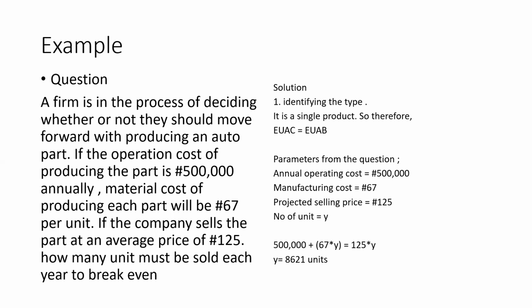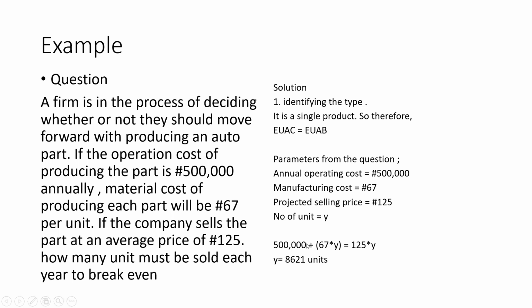Since the company will be selling it at the rate of 125 naira, it means they'll be getting a benefit of 125 naira per unit. But how many are they expected to sell for them to have an amount equal to their total annual cost? And this is the equation.